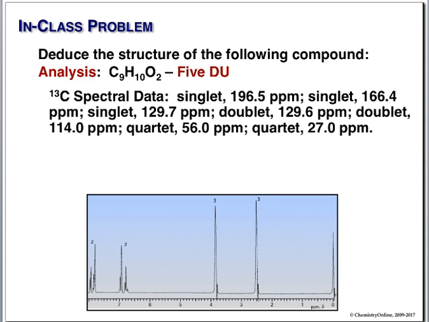Look here, we have a singlet at 166. A singlet, doublet, doublet. Oh. All right, well, this is not a monosub benzene, is it? We have 2 singlets and 2 doublets.